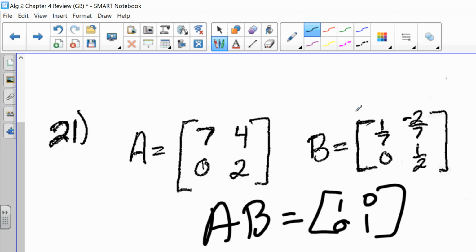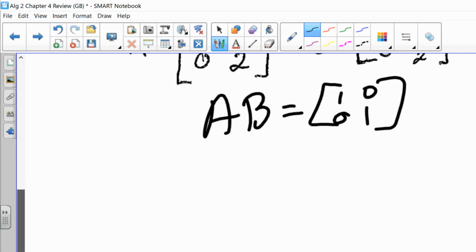Over and down. Well, 0 times 1/7 is 0. 2 times 0 is plus 0. And the last one over and down. 0 times negative 2/7 is 0. Plus 2 times 1/2 is 1. Which gives us the matrix 1, 0, 0, 1. So are they inverses? Yep. Yes.